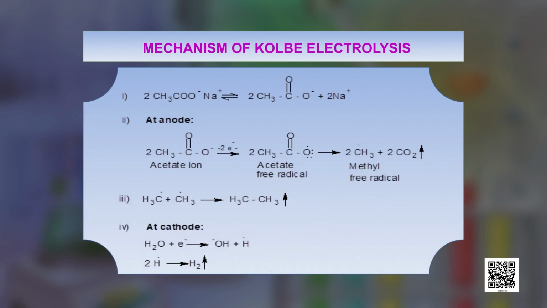Here you can also see in detail the mechanism of Kolbe reaction, which is an electrolysis reaction, and you can very well see the formation of intermediate free radicals which ultimately combine to give you an alkane of double the number of carbon atoms.